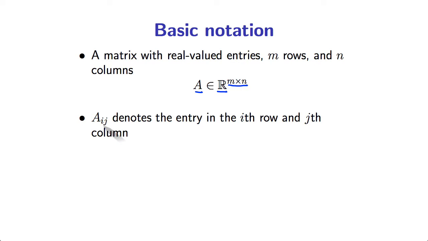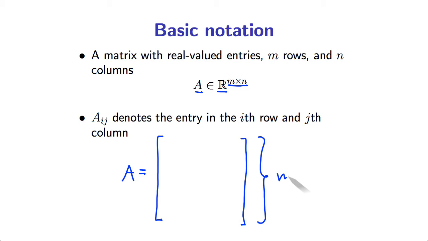Aij will denote the entry of the matrix in the ith row and the jth column. So first of all, we'll write A like this. It's a matrix where it has m rows and n columns. The ij entry then, this first one will be the 1, 1 entry, for example.